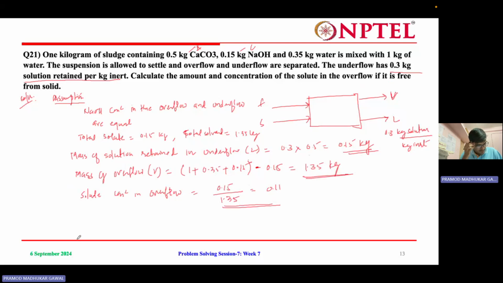Now the mass of NaOH extracted, mass of solute means NaOH extracted, is 1.35 times 0.11.